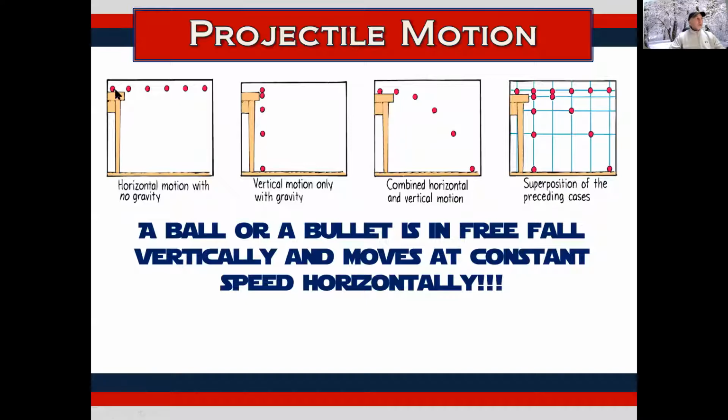When I push this ball off the table, I pushed it over here. I'm not running and pushing it over and over again. And so there's no horizontal force to make this ball speed up or slow down. And that's why we see the distance between consecutive balls the same, because it's moving with constant velocity, right? That's everything that we did in Unit 2 when we first started doing real physics.